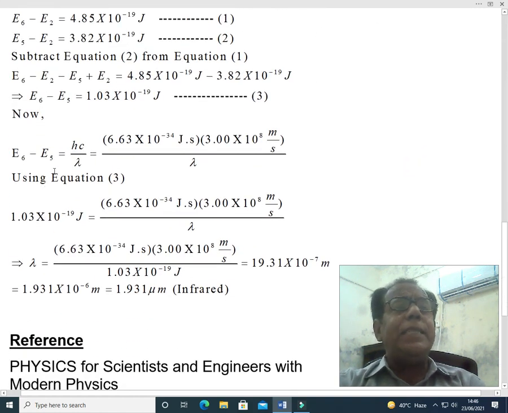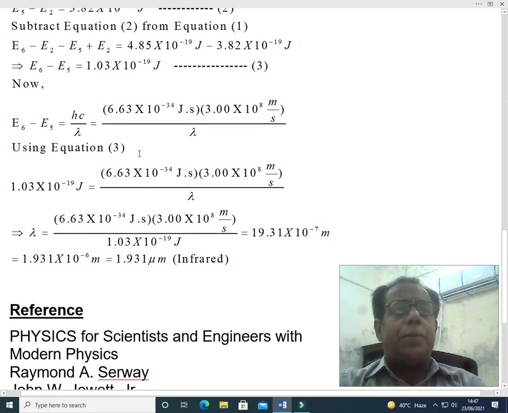E6 minus E5 has become equal to this, and according to the original formula from where we started our problem, E6 minus E5 is equal to hc over lambda, which is the value of Planck's constant into c over lambda.